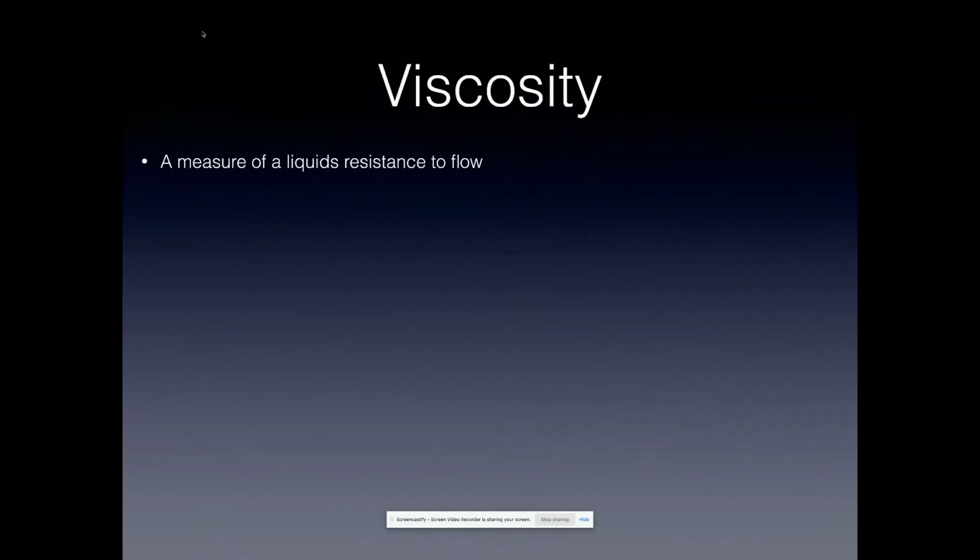Now, viscosity. Viscosity is a measure of a liquid's resistance to flow. You might refer to it as how thick a liquid is. Glycerol is a really good example. It is the additive that we put in cough syrup to help thicken it up so it adheres to the walls of the esophagus. Okay?